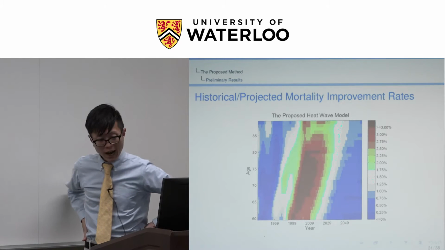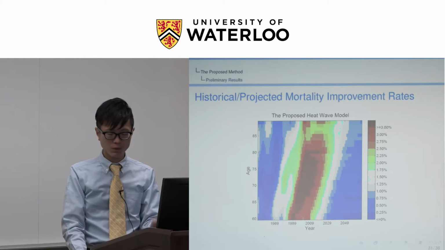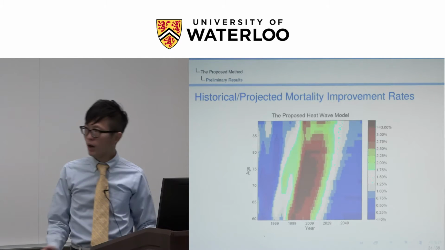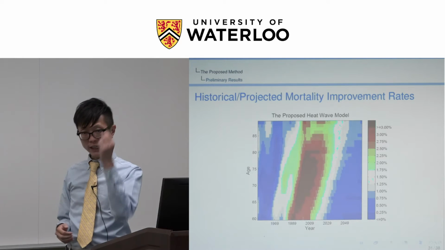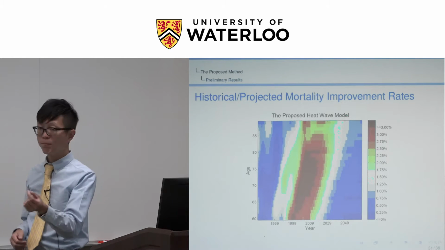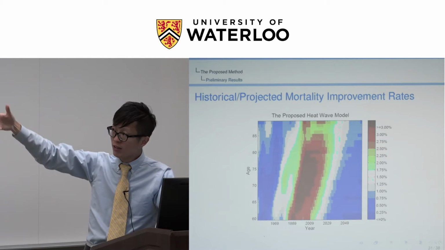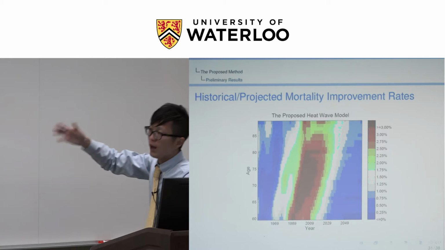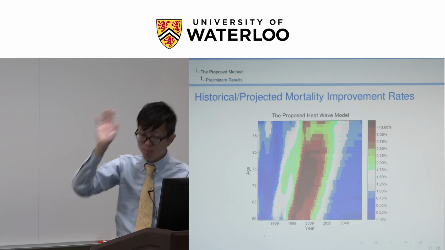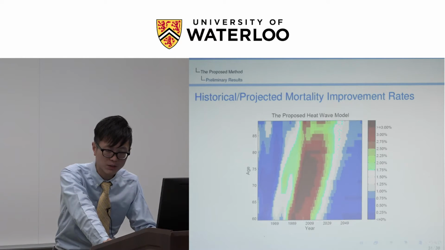Okay, so now we have the mortality improvement rates generated by the proposed heat wave model. All right, so we see that the projection generated from the proposed model appears to be a much more natural extension of what happened in the past.